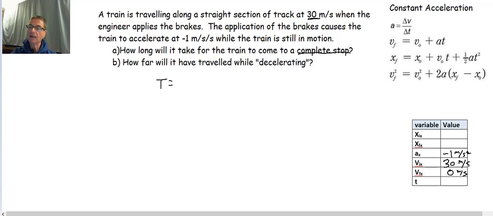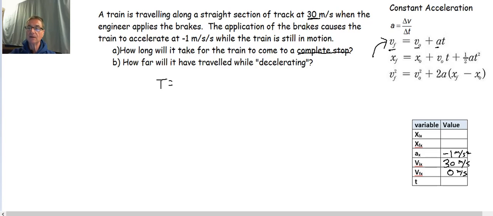The second equation here looks very well suited for that. We have the final velocity, the initial velocity, and the acceleration. It seems like it's just a matter of plugging the variables in.